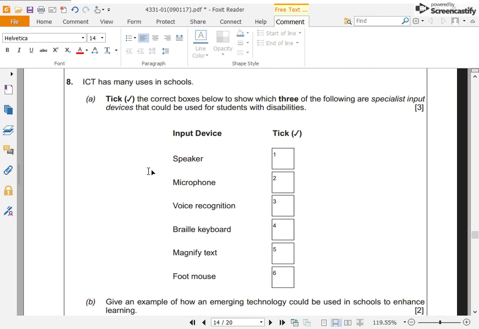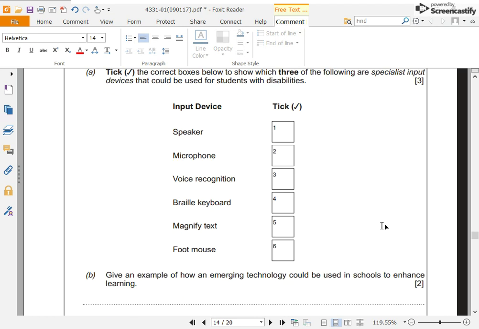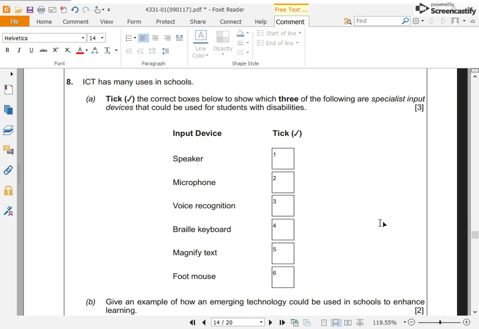Okay with that? Next up, ICT is used in many schools. Tick the correct boxes below to show which 3 of the following are specialist input devices. So have a little look at that. Oh, sorry, for people with disabilities.